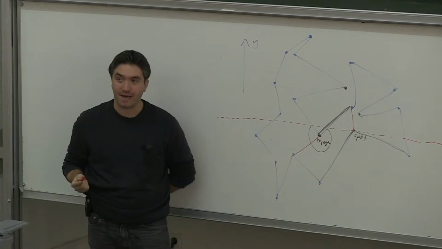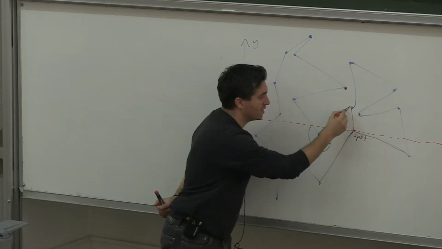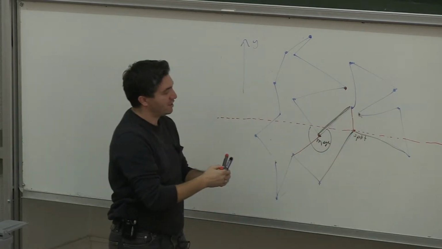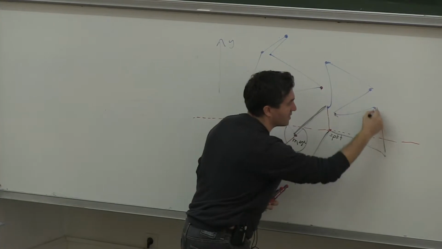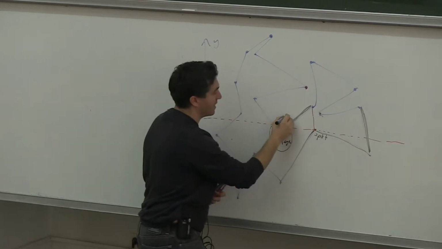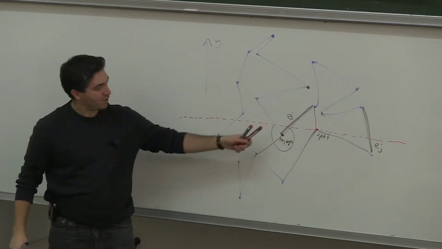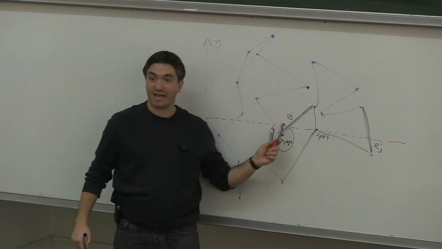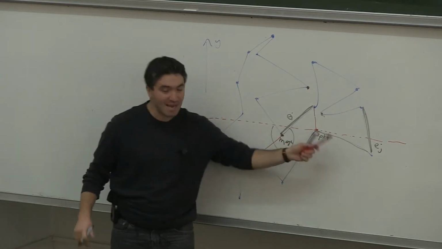And on this sweep line, I can query the left and right neighbors. So this is going to be the left neighbor. This is going to be the right neighbor of this split vertex. Let me name them EI and EJ. So I have two neighboring edges that are neighbors to this split vertex. They are not neighbors on the polygon.